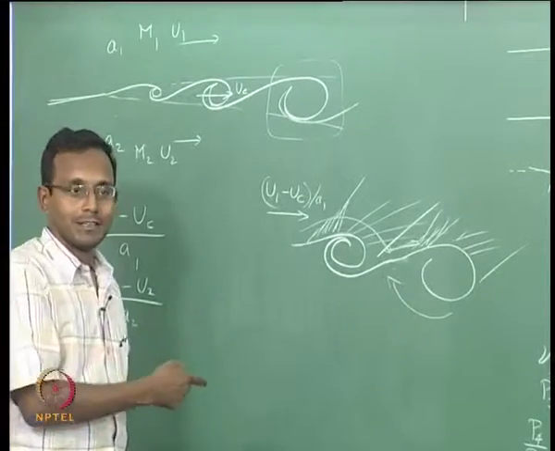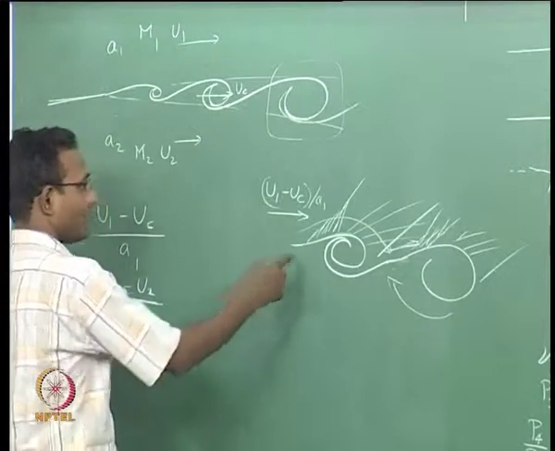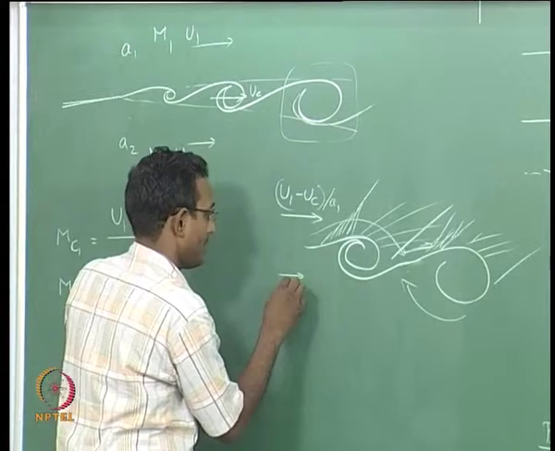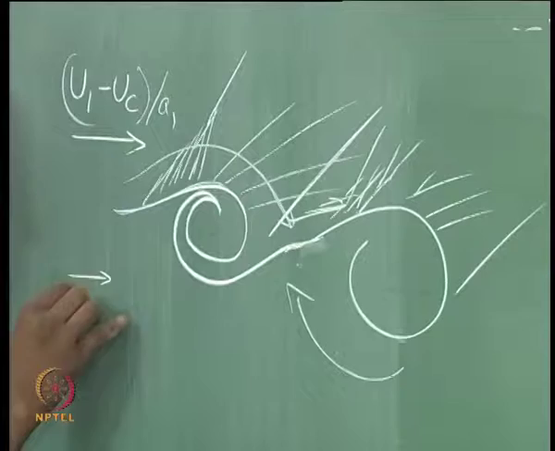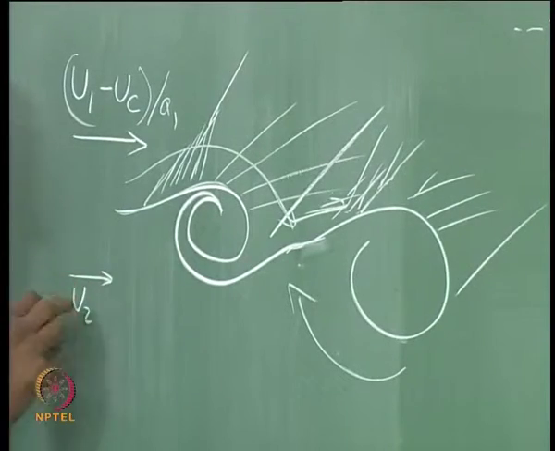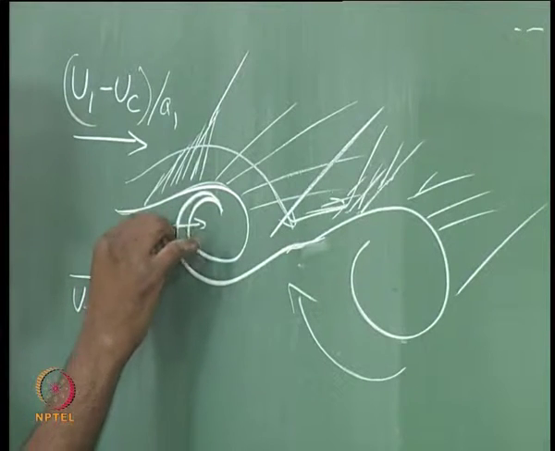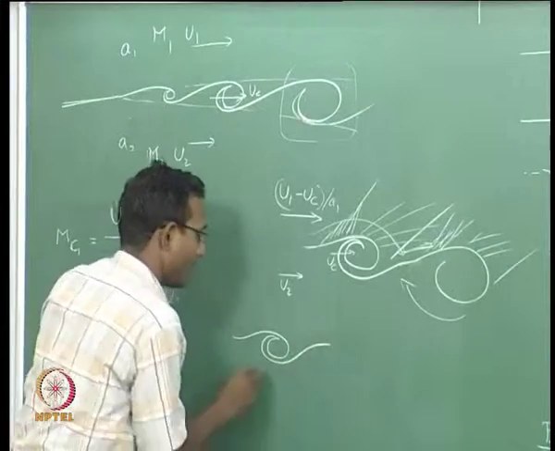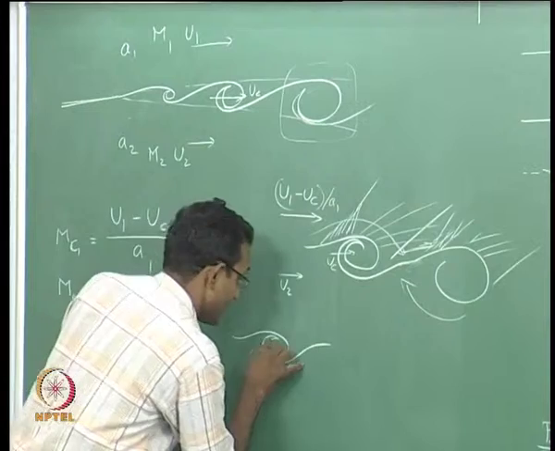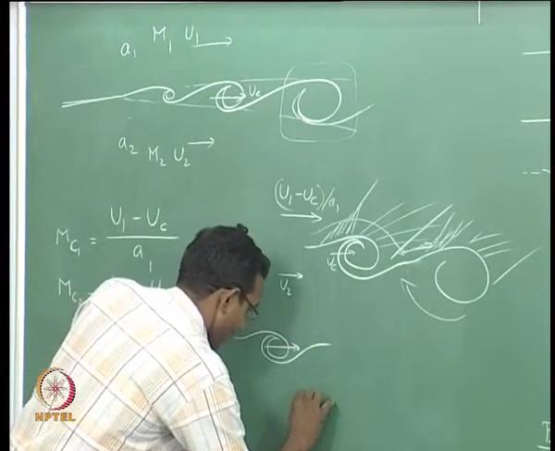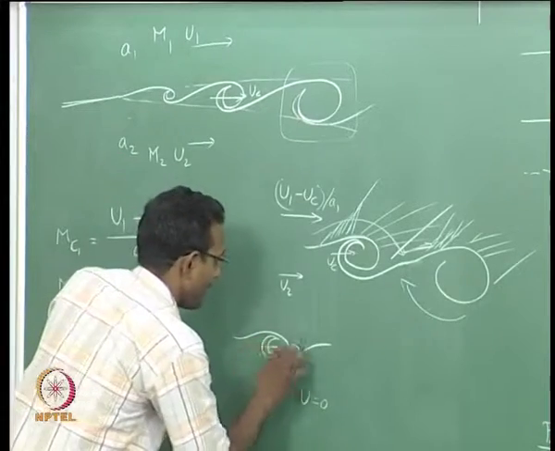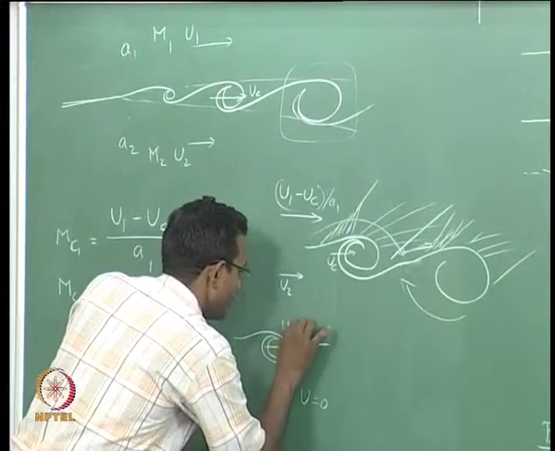Same thing on the bottom. If I look at the bottom side, I will just draw this as U2 as the velocity here, this is travelling at UC. So if I look at this, it looks as if I have a body shaped like this, which is travelling in a flow medium with a velocity equivalent to UC minus U2.